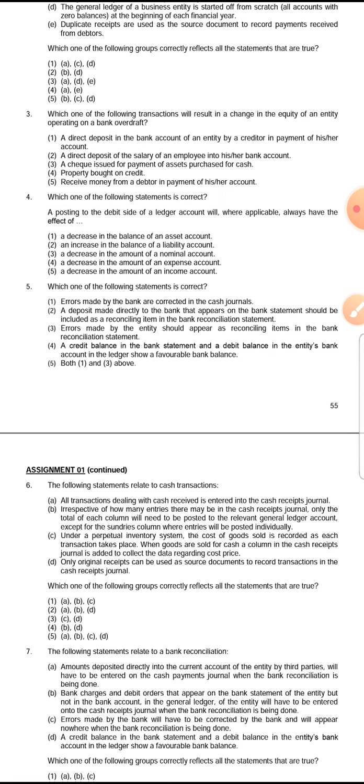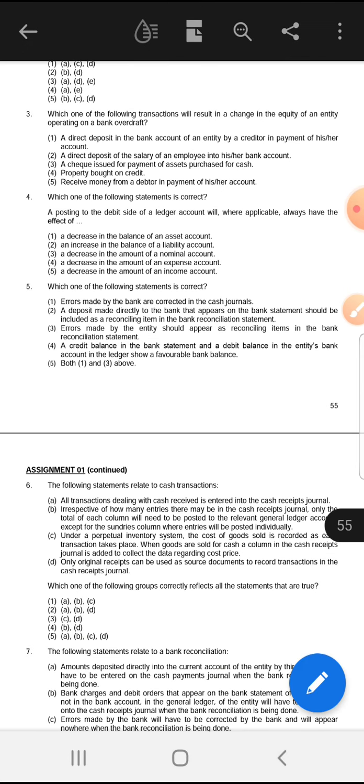Obviously, our expense does not decrease on the debit side, so number 4 is wrong again.